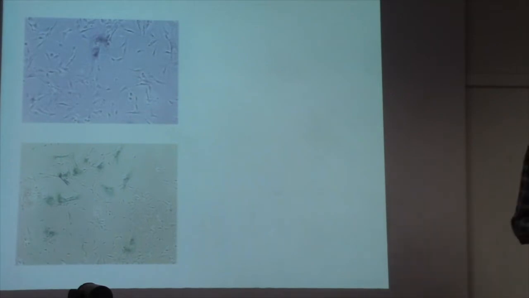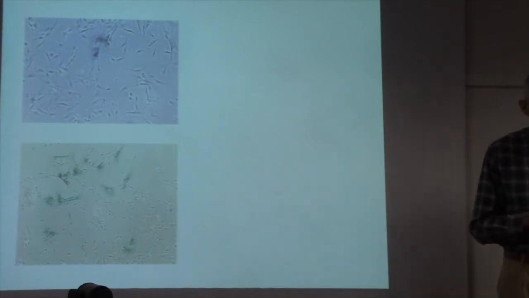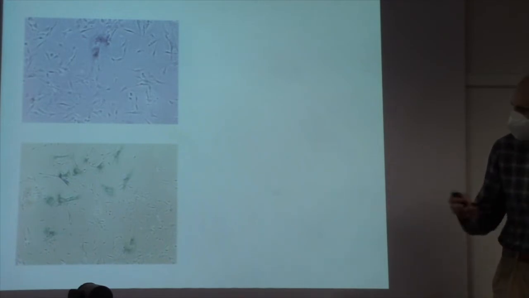So, acidic beta-galactosidase is a property of senescent cells. In fact, all cells have acidic beta-galactosidase activity, but senescent cells have it in higher amounts, so that if you stain the cells in a proper way, only the senescent cells will stay in blue.